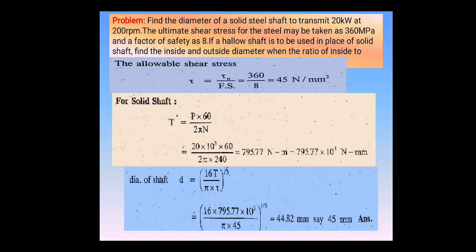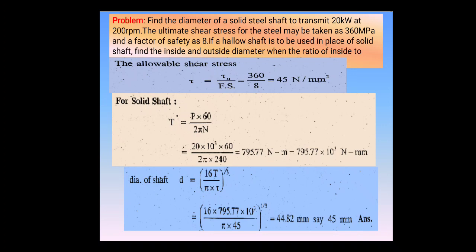The tau value is not given, so you have to refer to the formula, that is tau is equal to tau u, the ultimate stress that is given, divided by factor of safety, which gives the shear stress value. Here tau u value is given as 360 megapascal, 360 divided by factor of safety 8, which gives the tau value, that is 45 Newton per mm square. We have to use this value while solving the diameter of the shaft.